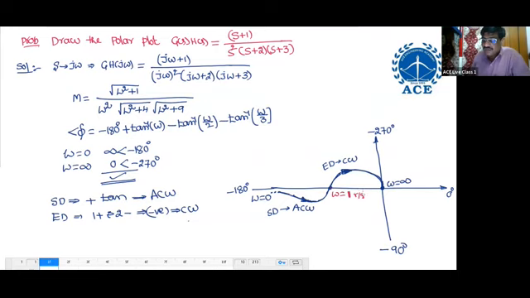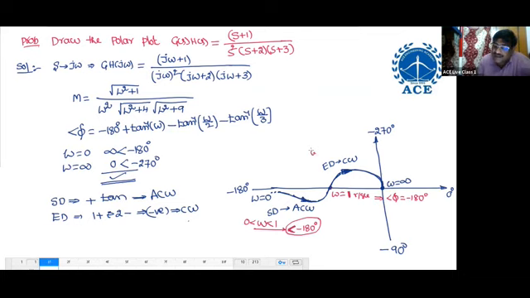So now at this value, the angle becomes exactly minus 180 degrees. That means our plot is correct. Not only that, you take any value of omega greater than 0 and less than 1, then the angle is less negative than minus 180 degrees.